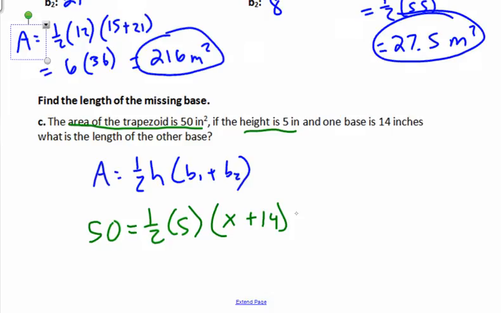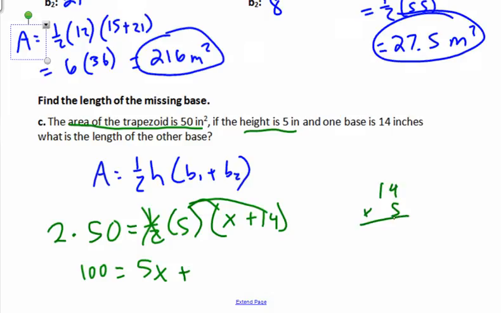We're going to use some algebra now and solve. It's up to you how you want to do this. There's lots of different ways you can go about solving this. One way or another, I'm going to multiply by 2 on both sides to get rid of this. So I have 100 equals, and in the same step, I'm going to distribute 5 times x plus 14 times 5, 70.